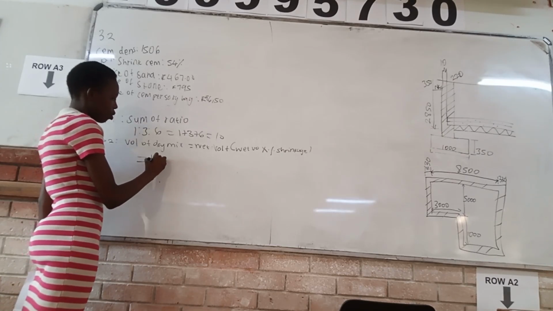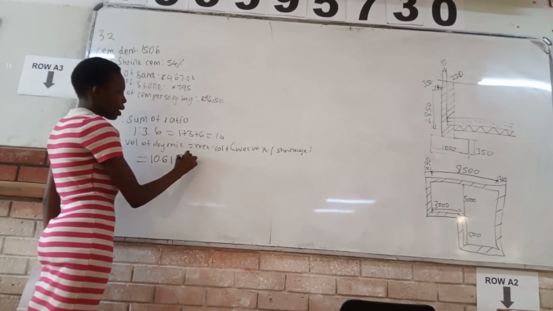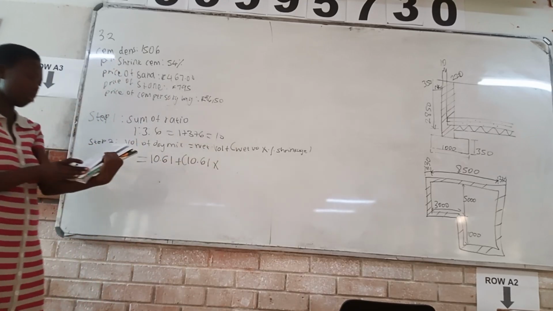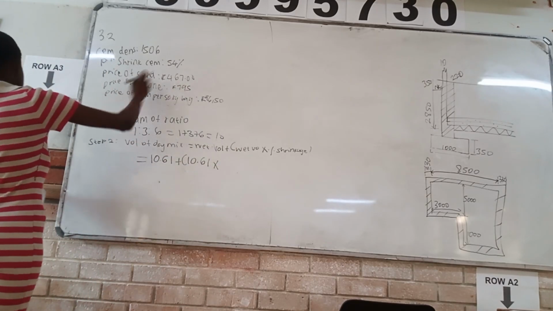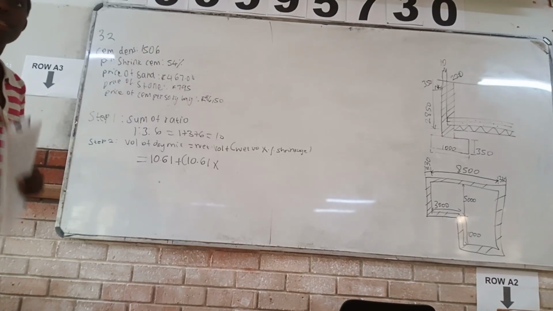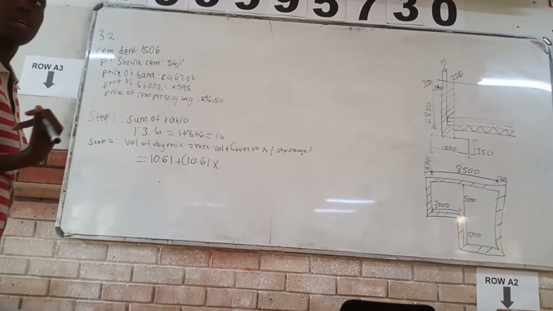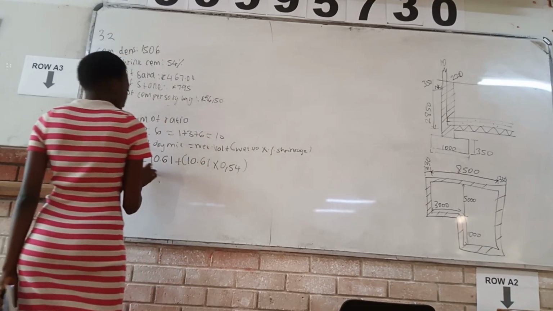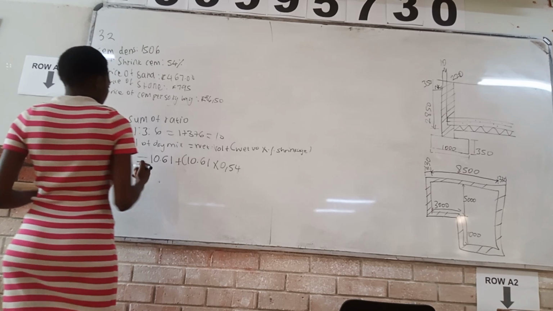That is our wet mix volume, 10,61 plus 10,61 multiplied by the percentage shrinkage, 54%, so it's 0,54. What is our volume of dry mix?